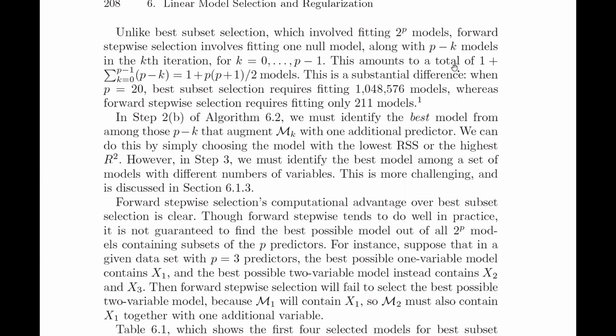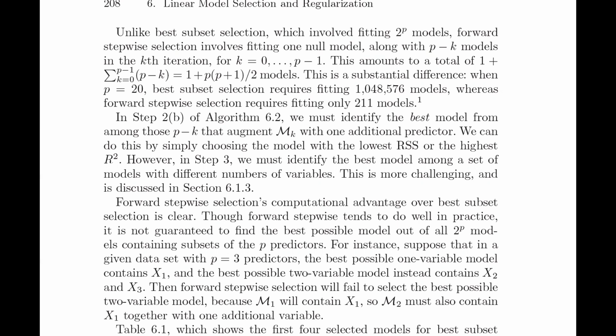This amounts to a total of 1, that's the null model, plus these P minus Ks for these iterations. And if you do a bit of algebra, you shall get this. And let's have a look. So it doesn't vary exponentially with P. It only varies quadratically in P. You have a quadratic effect going on over here. This is a substantial difference.